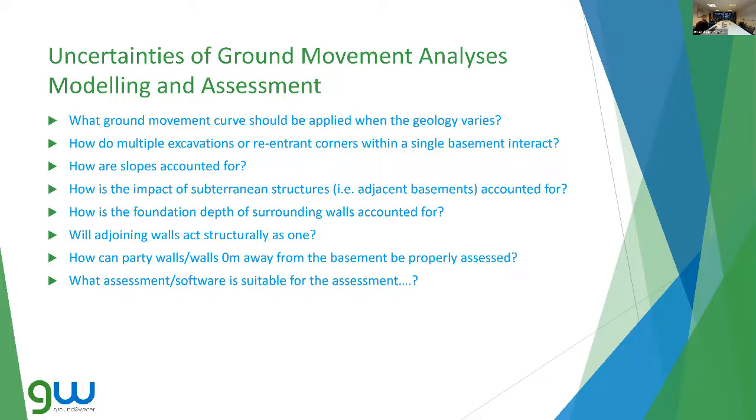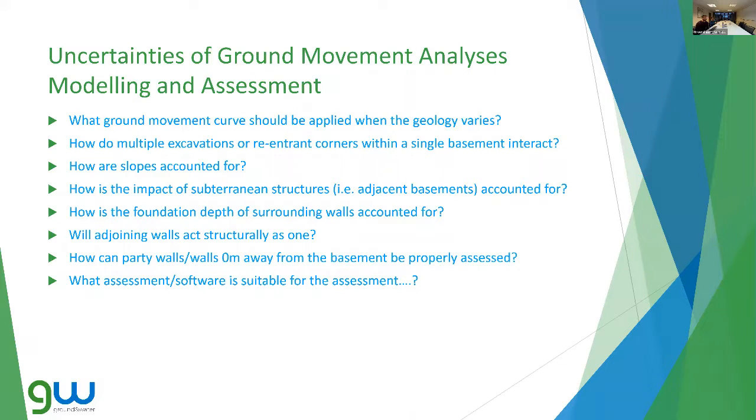How does the impact of subterranean structures, such as adjacent basements, get accounted for? Because they could offer some rigidity, and they could solidify the area. And because they're large concrete structures, they're obviously a lot less mobile than sands or clays.